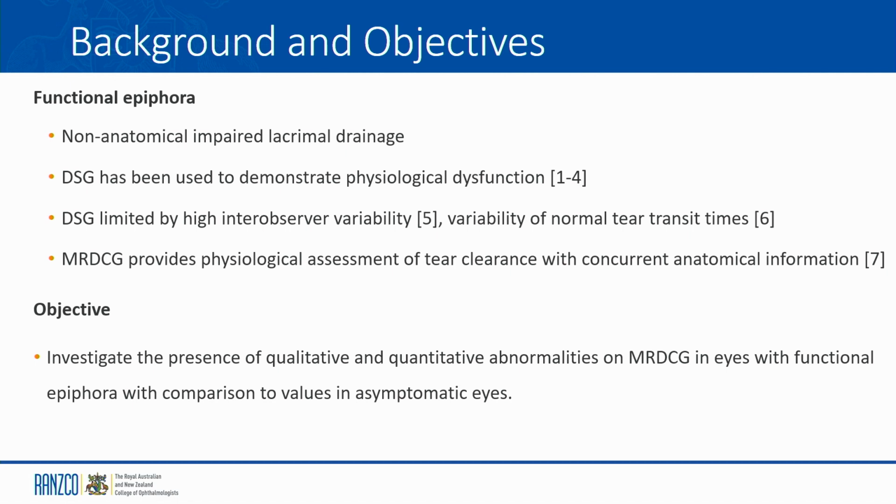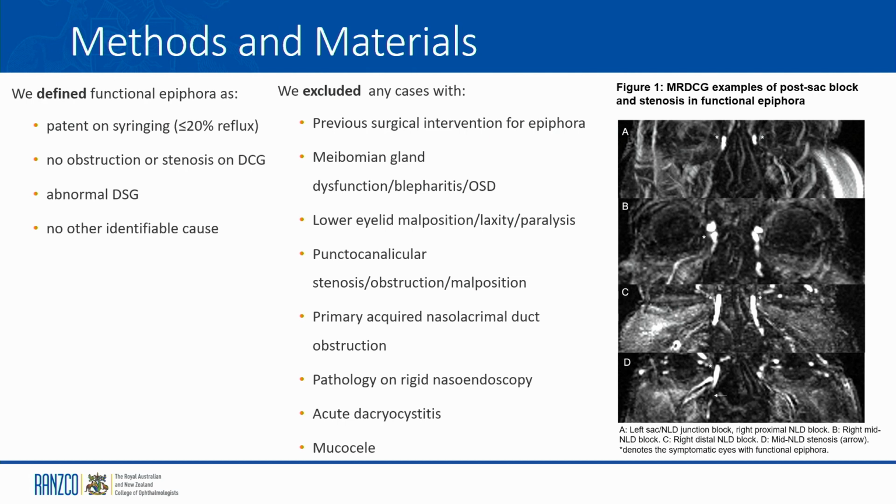Thus, we sought to investigate the presence of qualitative and quantitative MRDCG abnormalities in eyes with functional epiphora with comparison to values in asymptomatic eyes. We enrolled consecutive prospective eyes with suspected functional epiphora at the Royal Adelaide Hospital between 2016 and 2022.